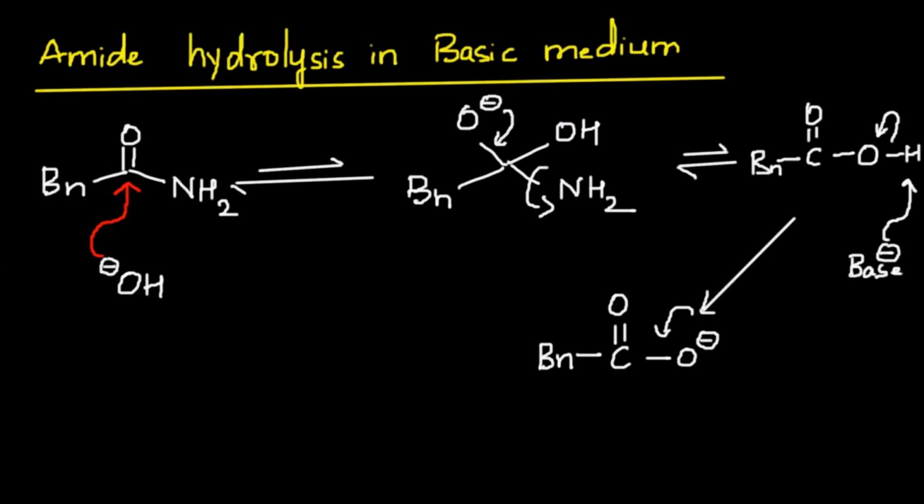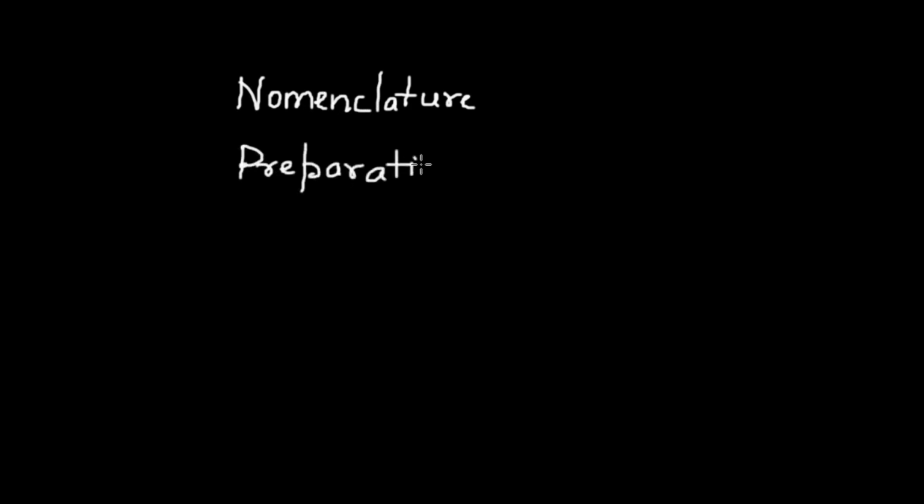So in today's class, we went over the nomenclature of carboxylic acids. We went over the preparation of carboxylic acids. First, by oxidation of alcohols and aldehydes.